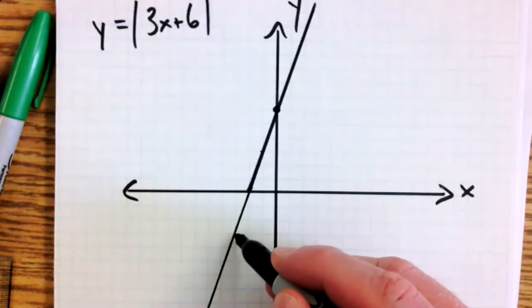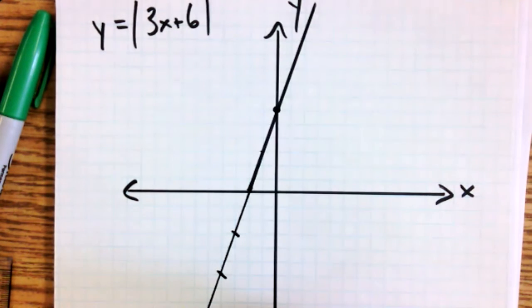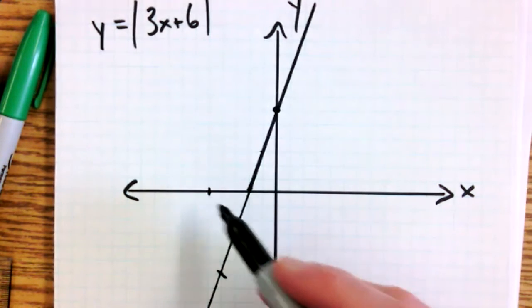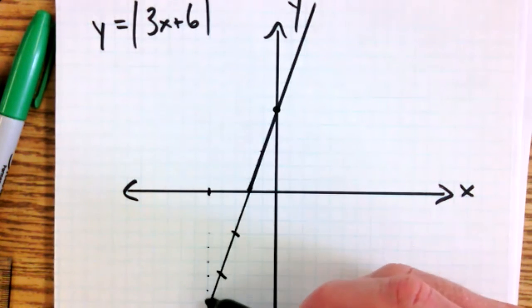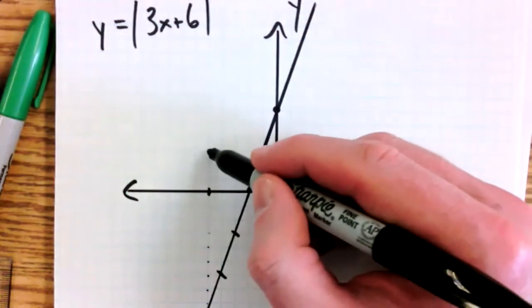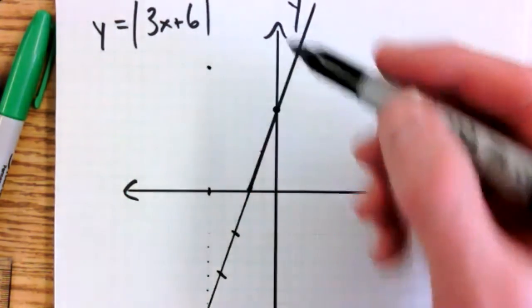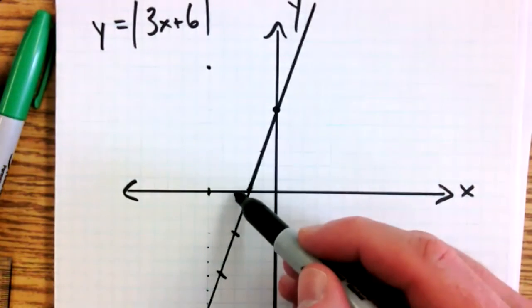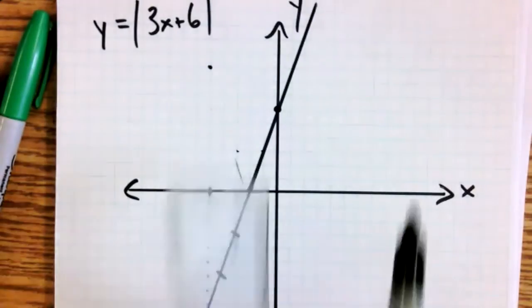I'll take this one, so this is 1, 2, 3, 4, 5. So it's right above there, and it's 1, 2, 3, 4, 5, 6, 7, 8, 9 up. Now I can use any point along this line. I could use this one. It's 3 down, so I go 3 up. 1, 2, 3, and you'll see these 2 points are in line with each other.